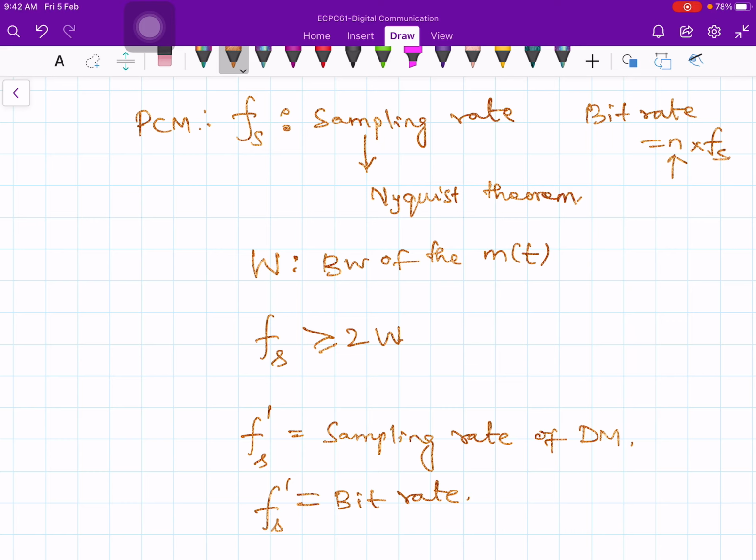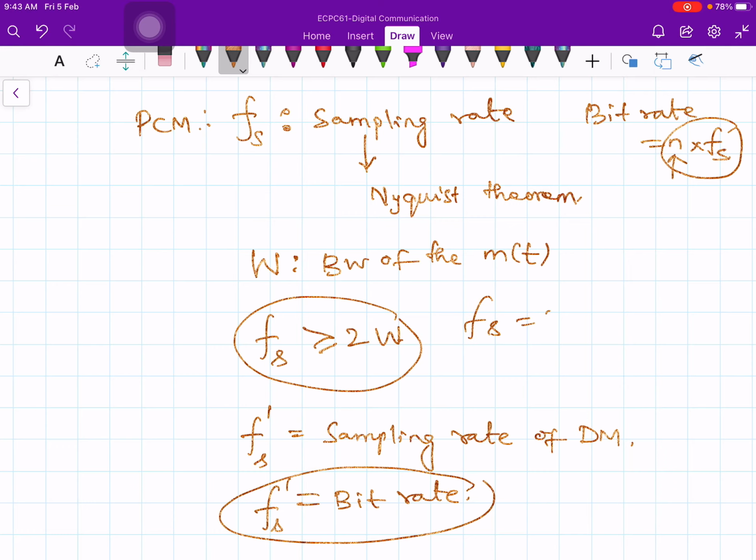So the bit rates in the two cases are n fs in pulse code modulation and fs dash in delta modulation. And if your signal has bandwidth W, then we know that fs is equal to 2W as per the Nyquist criterion.